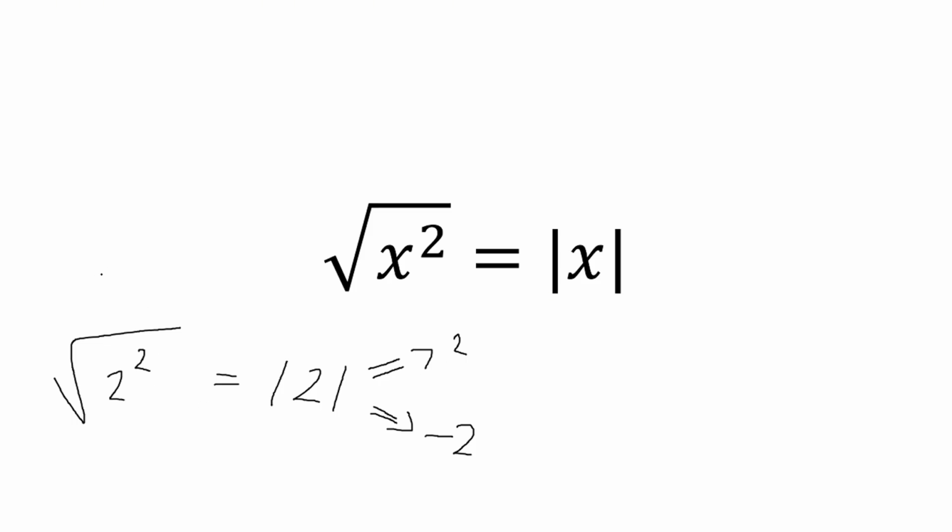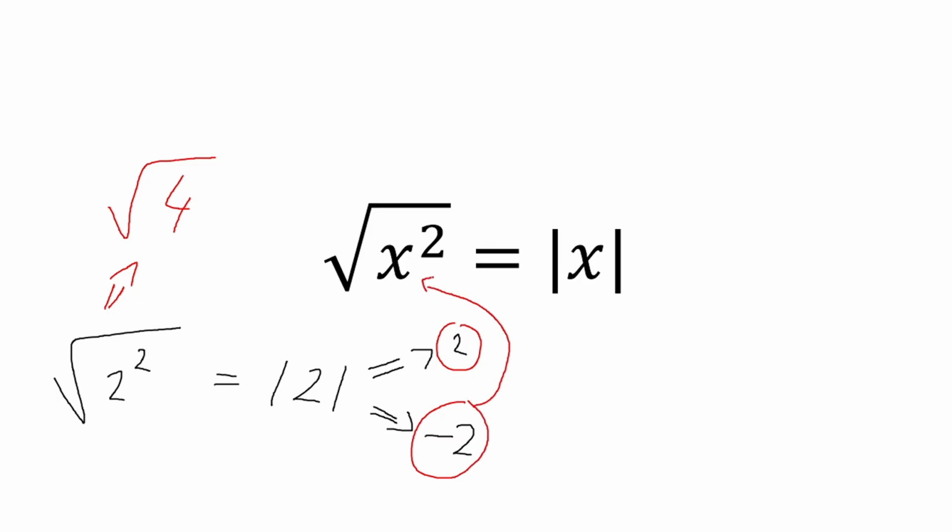And let's now rewrite our radical over here, which is essentially the square root of 4. Well then, if you plug either 2 or negative 2 into the unknown variable over here, you're going to get 4.